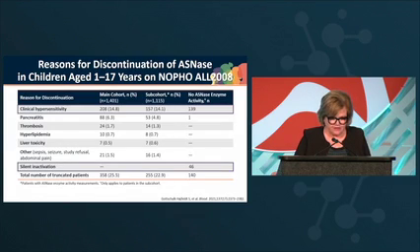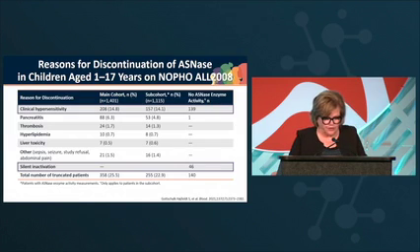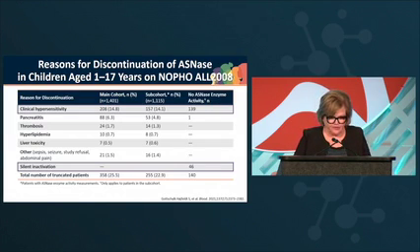You can see here in a cohort, we had hypersensitivity, and in that cohort, we had no asparaginase enzyme activity. So that particularly is where we would want to discontinue the asparaginase. And when they looked at levels, they saw silent inactivation in 46 of those patients.